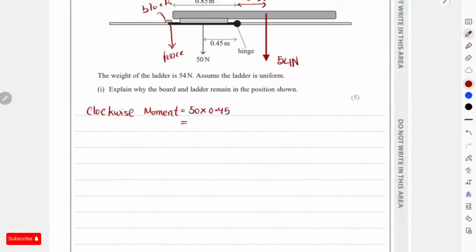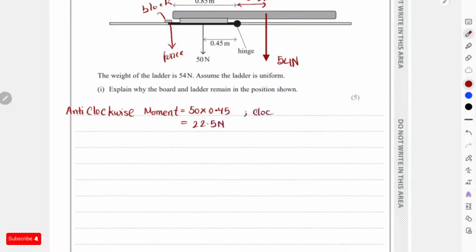And if you calculate it, you get, sorry, this is actually the anti-clockwise moment. This 50 Newton, the weight of the board, makes this entire thing move in an anti-clockwise direction. If we calculate this, it is 22.5 Newton meter.